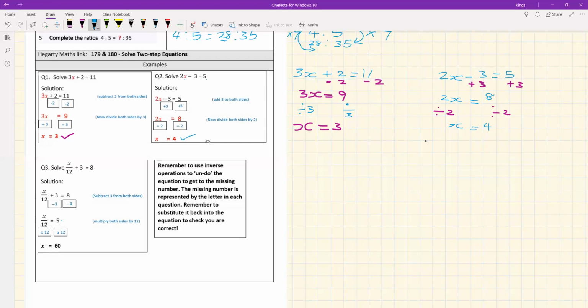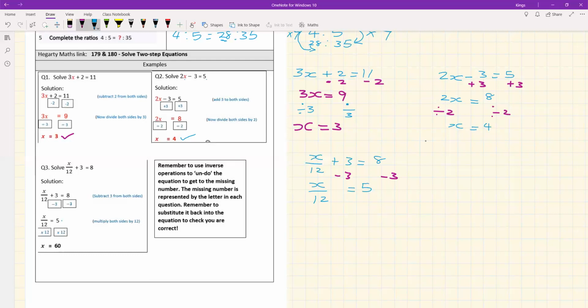So x is 4. And number 3, we've got x over 12 add 3 equals 8. Again, do the inverse, take away 3 from both sides. We're left with x over 12 on the left side, and 8 take away 3 leaves us with 5.